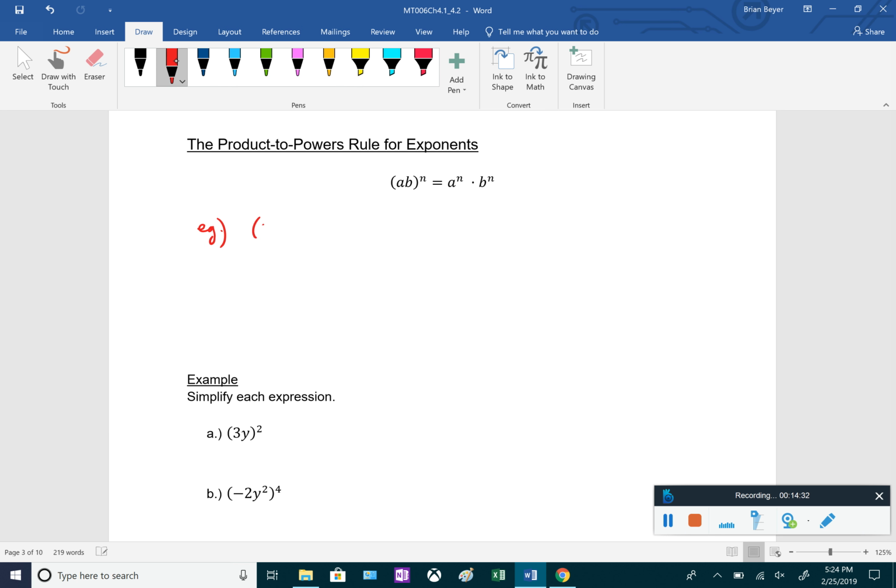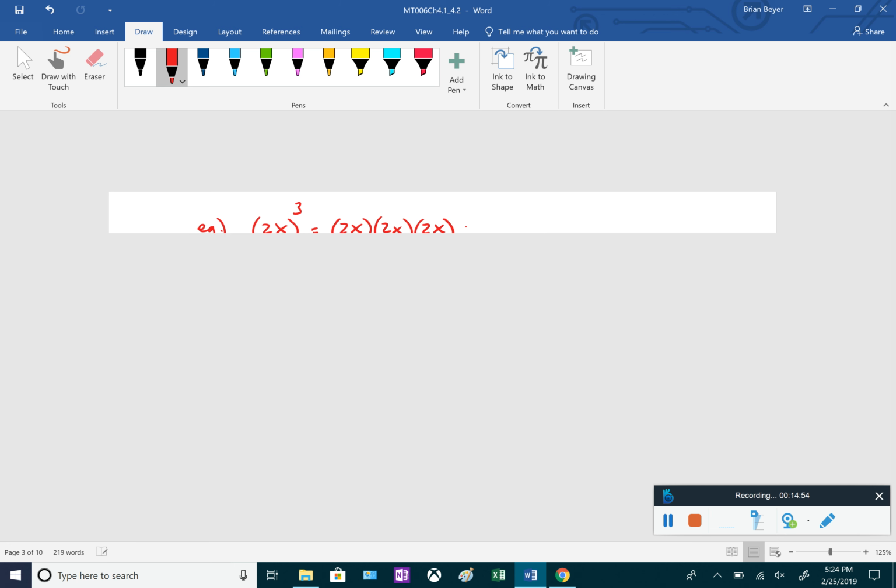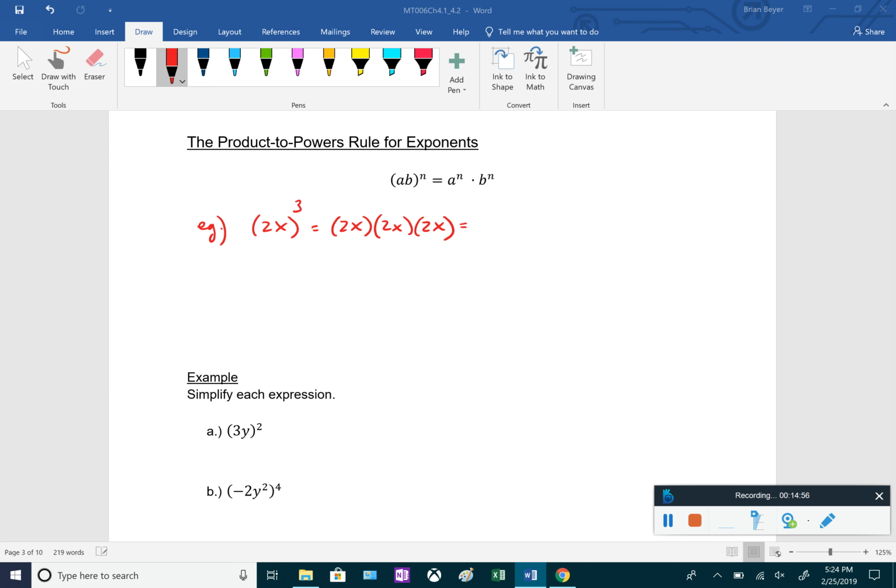So let's say we had 2x cubed. So that means 2 times x to the 3rd. So we can give the 2 an exponent of 3 as well as the x, based on this rule. This means that it's 2x times 2x times 2x, 3 times. So we could rearrange this as 2 times 2 times 2 times x times x times x.